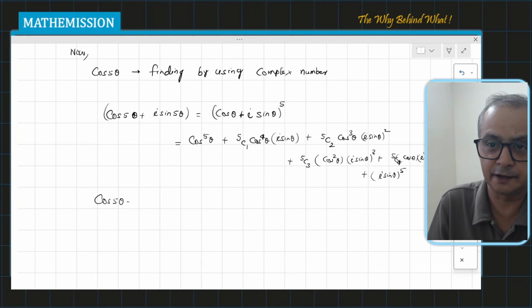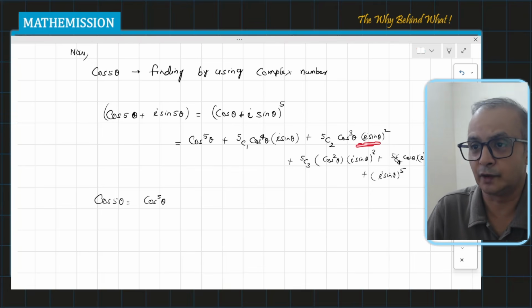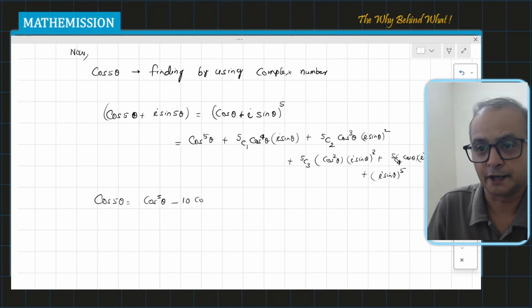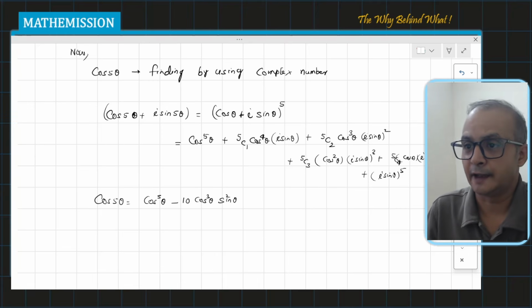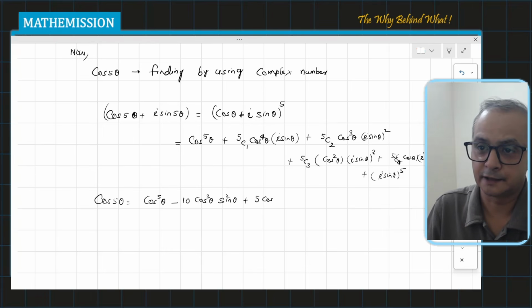Cosine to the power 5 theta, and when I expand this iota sine theta squared, this will become minus 1 due to the fact that iota square is minus 1. And 5c2 is 10, so I can write minus 10 cosine cube theta sine squared theta. And here 5c4 is 5, and cosine theta stays, and iota to the power 4 becomes 1, so it will become sine to the power 4 theta.